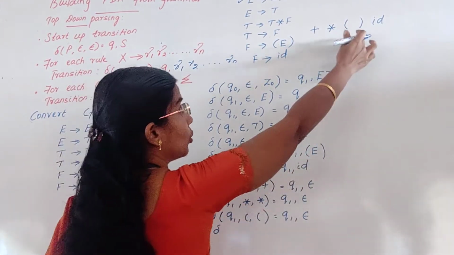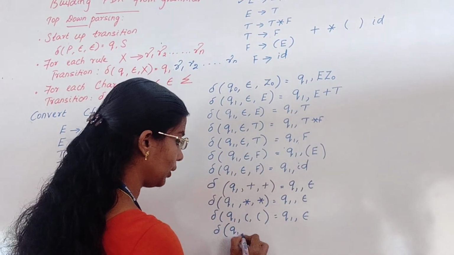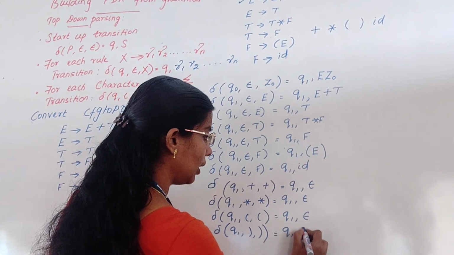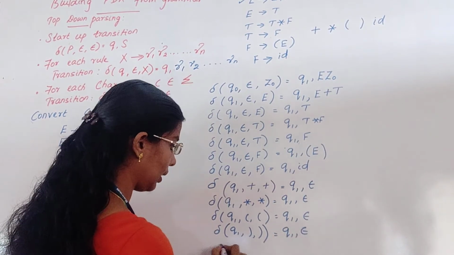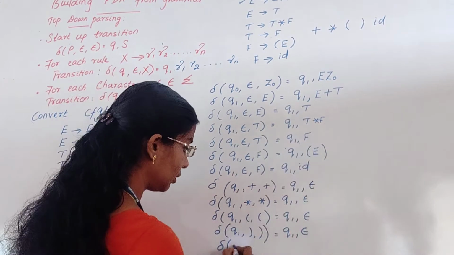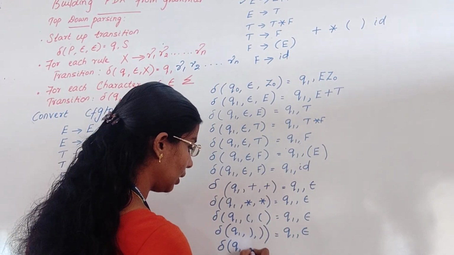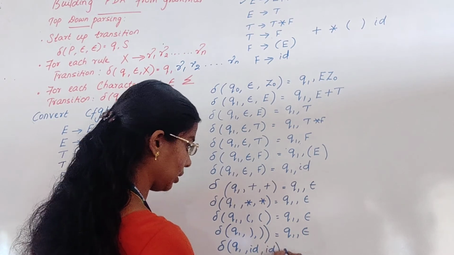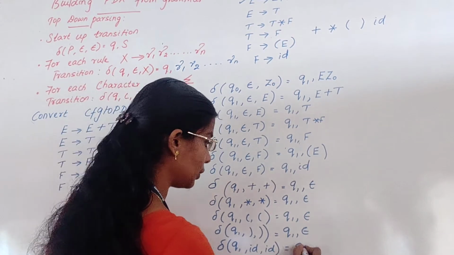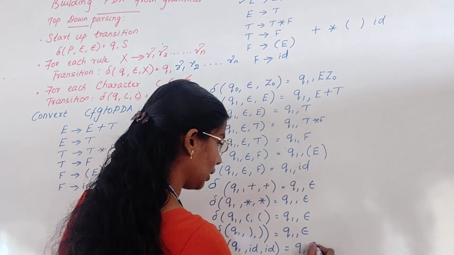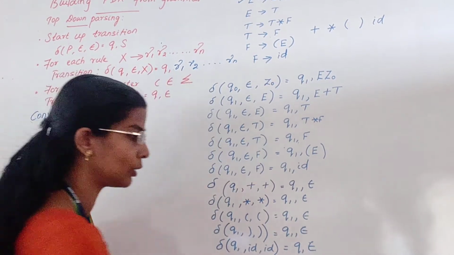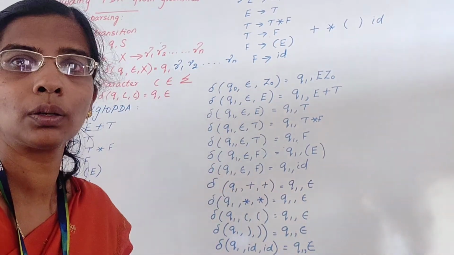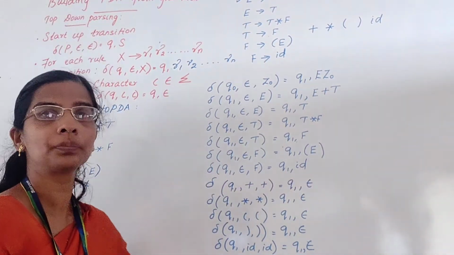Next it is close parenthesis, Q1, comma, epsilon. And at last it is ID: Q1, ID, comma, ID, which is equal to Q1, comma, epsilon. Hope the board is visible.